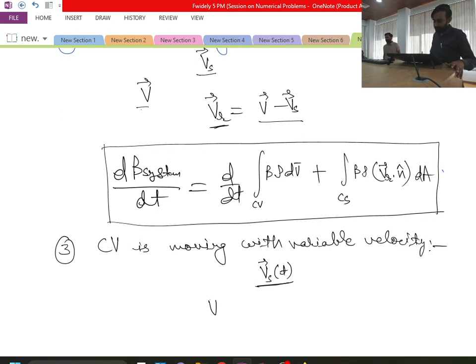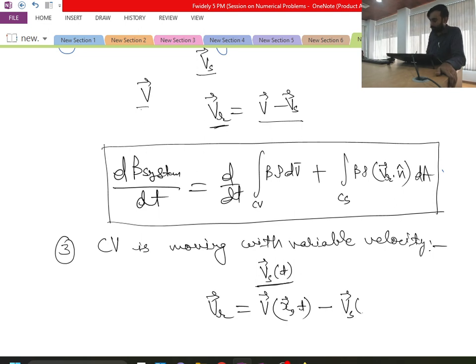What will be the velocity of the fluid now? If you define the relative velocity, that will be nothing but V vector as a function of position vector as well as time, minus Vs, which is only a function of time. Point is clear?